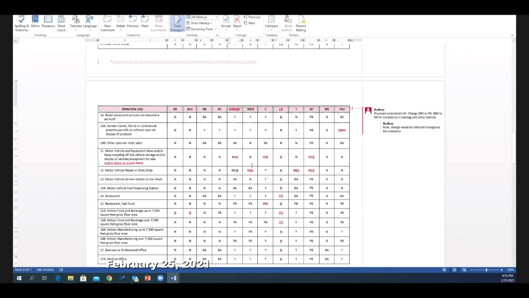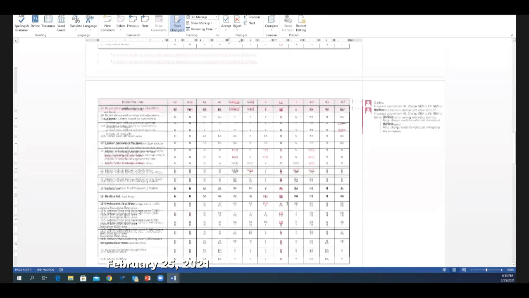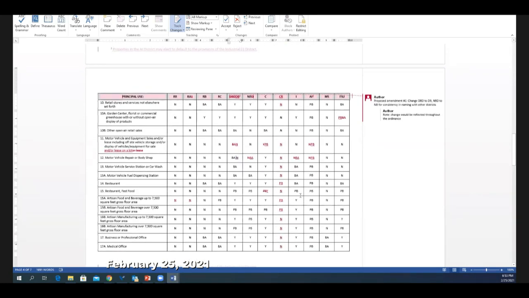Okay, good. I had a couple of comments on 11, 12, and 13 in this particular area about the motor vehicles. On the sales on number 11, should it be by Board of Appeals? At least, is it Board of Appeals or by yes? Do you mean across?